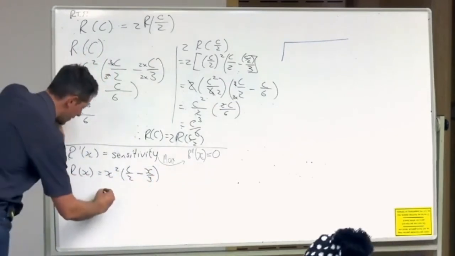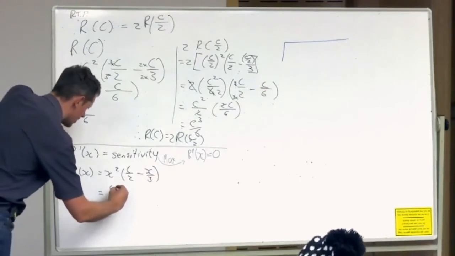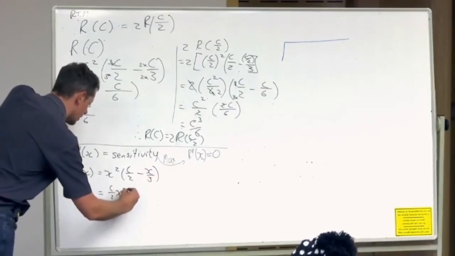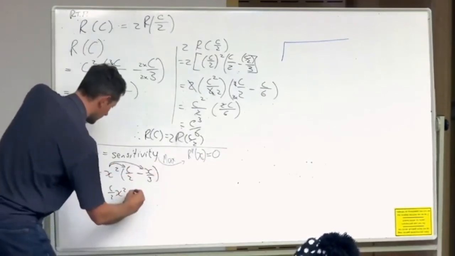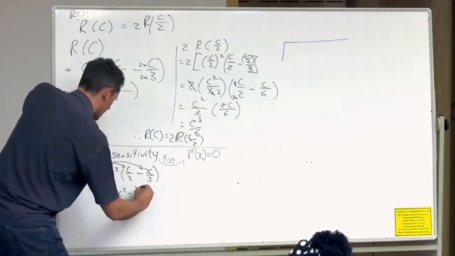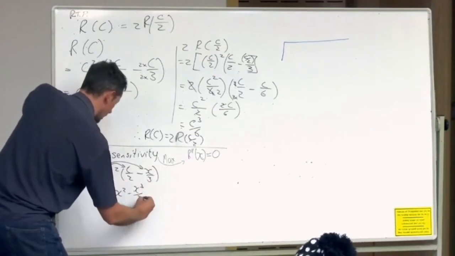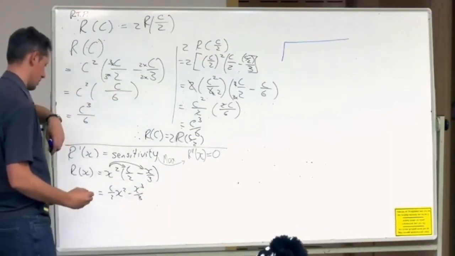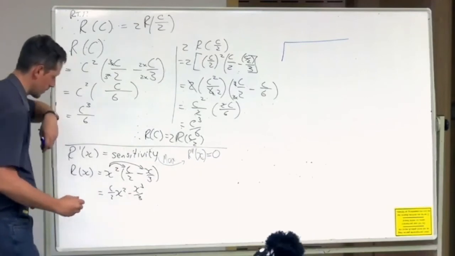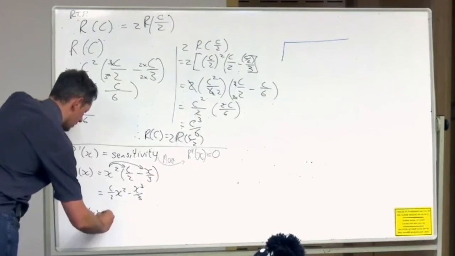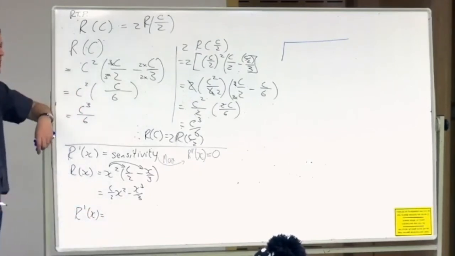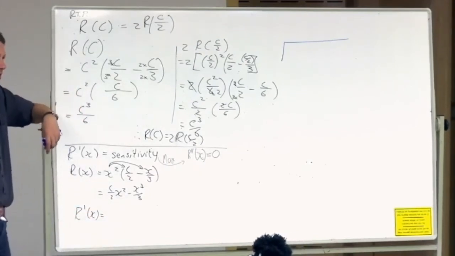So if I simplify this, it gives me C over 2 x squared minus x to the 3 over 3. Now I can get an expression that gives you the sensitivity of the drug.